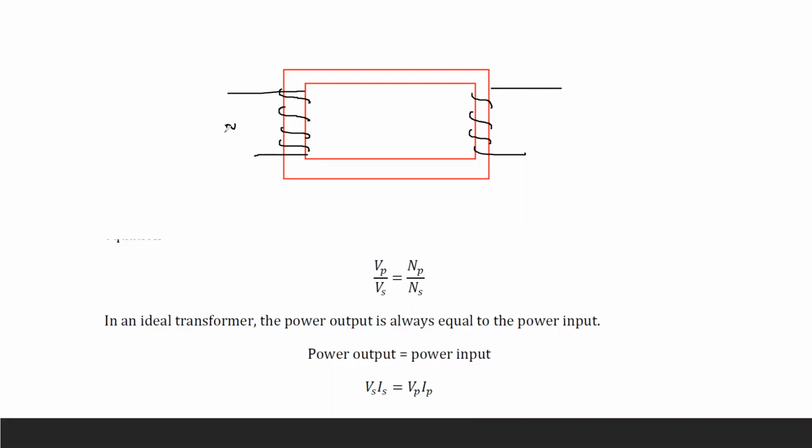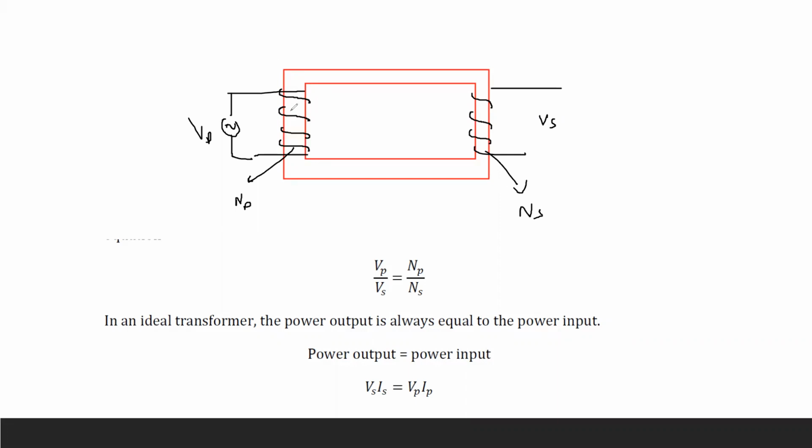The number of turns, how many times the primary has turned, that's called NP. The voltage which we apply as input is VP, the voltage which is produced is VS, and the number of turns of the secondary is called NS. So the formula: VS over VP equals NS over NP, or VP over VS equals NP over NS.